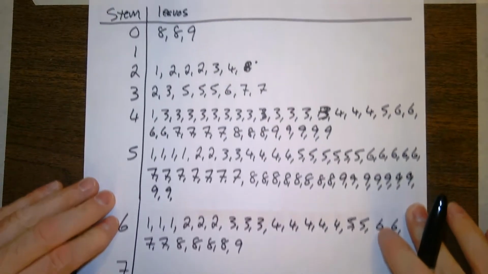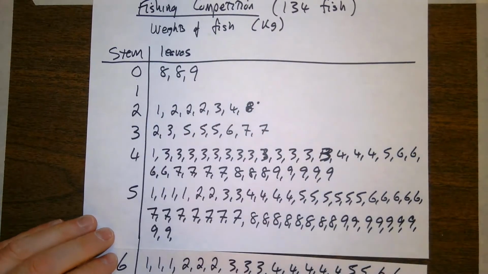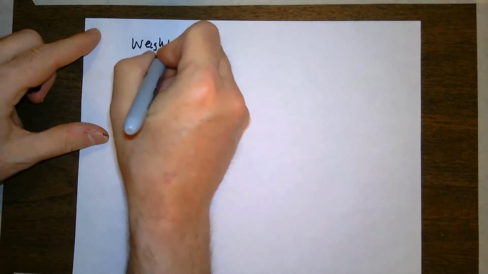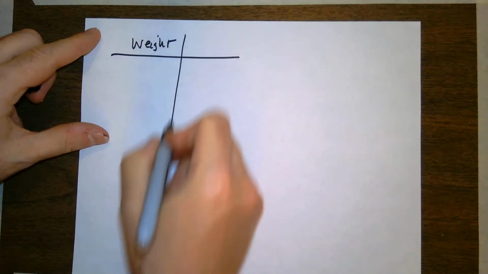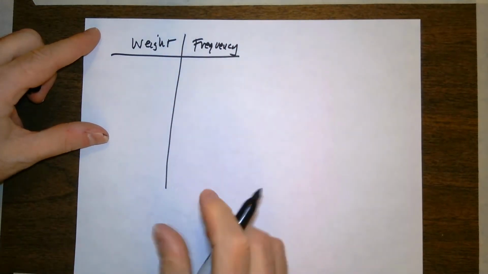And in a moment, when we go to create our frequency table, we're going to have to count how many fishes in this table and how many in that table. All right, here we go. So the first frequency table I'm going to make, I want to look at the weight of the fish and the corresponding frequency. How many fish weighed in that category.